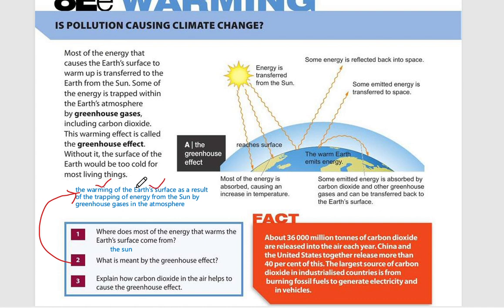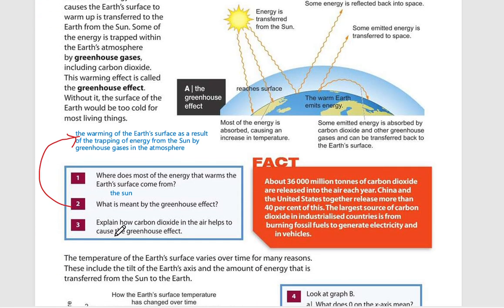Earth's surface. Result of trapping of energy from sun. And then greenhouse gases. See what a lot of things we are discussing here. Some big words are used, but this type of explanation is something that you are expected to write now. Okay? Right, let's move on to question 3.